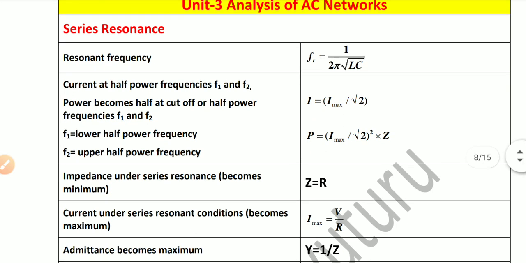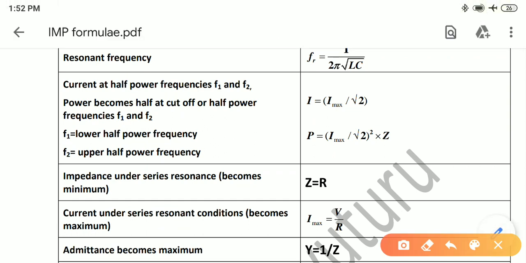Next, the current at half power frequency is F1 and F2, where F1 is called the lower half power frequency and F2 is called the upper half power frequency. The concept of half power frequency is already explained in the previous video, so please go through it. The current at half power frequencies is given as I is equal to Im by root 2, whereas the power is given by (Im by root 2) whole square into impedance.